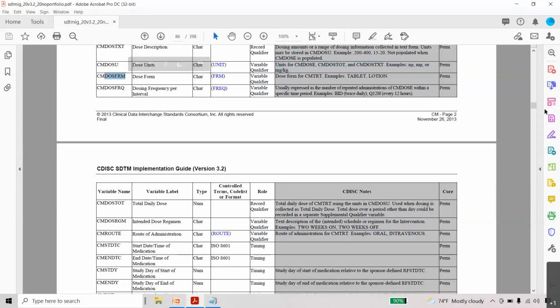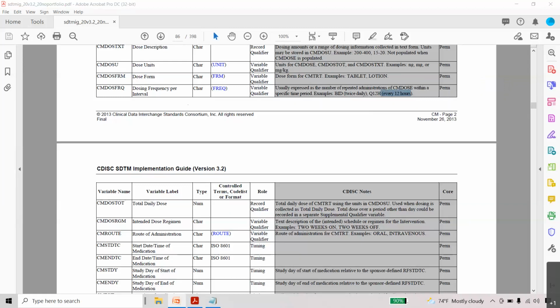Next one is frequency. Frequency means the interval, how much gap he is taking between the medications. That we can see in the CM dose frequency. For example, if you are seeing Q12H, that means every 12 hours. There is a separate chart to use if any calculations are needed for the subject's CM dose frequency.